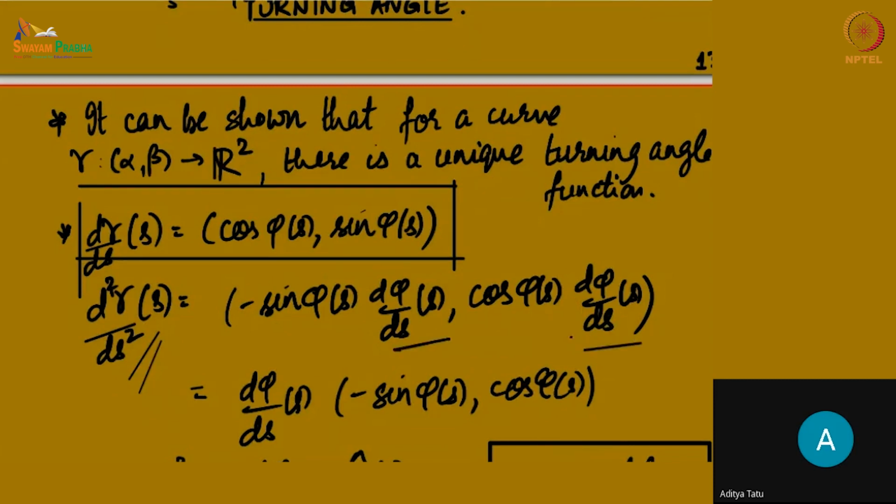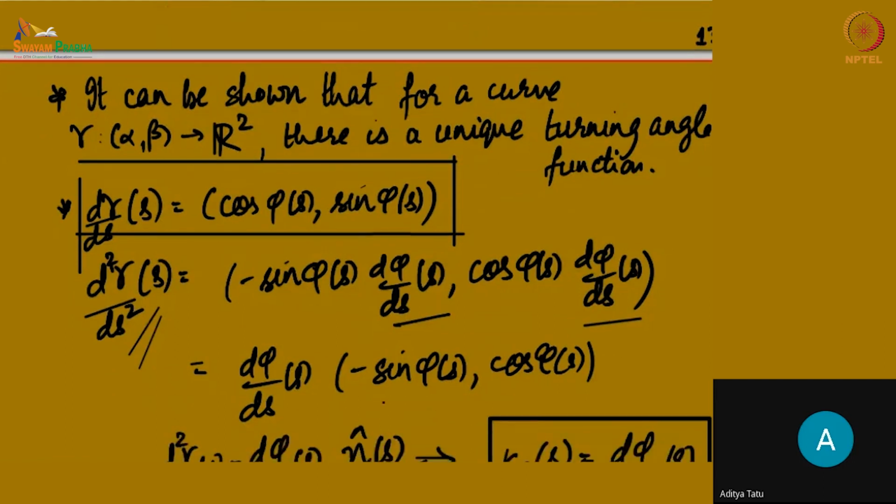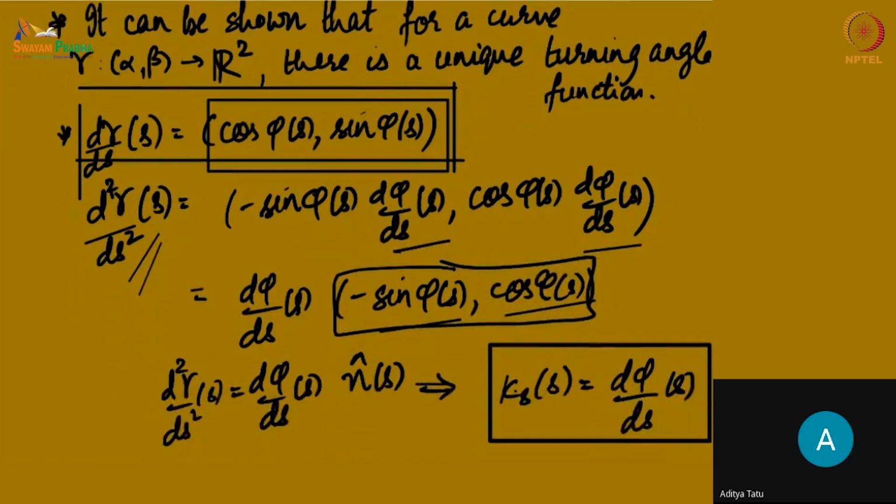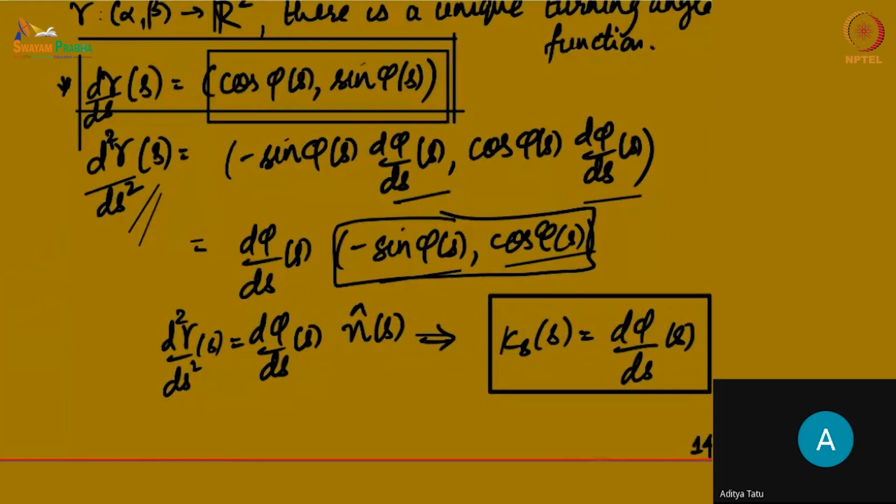You can bring that out, times the vector minus sin phi s, cos phi s. You can see that the length of this vector is 1. And if I take the dot product of this vector with this vector, see that it's 0. So this is nothing but your unit normal. Okay, so your acceleration vector is d phi by ds times n cap. And so the rate of change of your turning angle is nothing but your signed curvature.